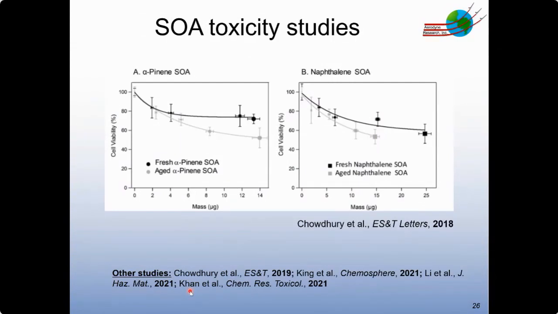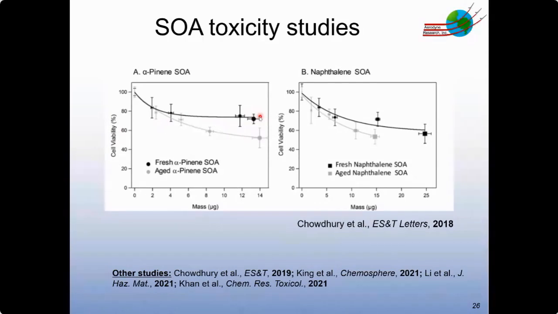And then at the time that I originally made this slide a couple of years ago, this study by Chowdhury et al. was one of the only studies that looked at the toxicity of SOA, but there have since been a few more. And this just shows that SOA with different compositions in terms of the amount of aging, whether it's relatively less oxidation or more, can change significantly the toxicity of the SOA as measured by, in this study, the cell viability.